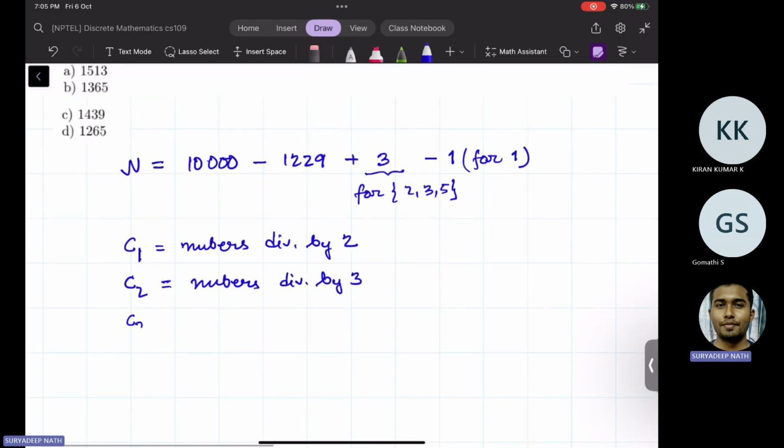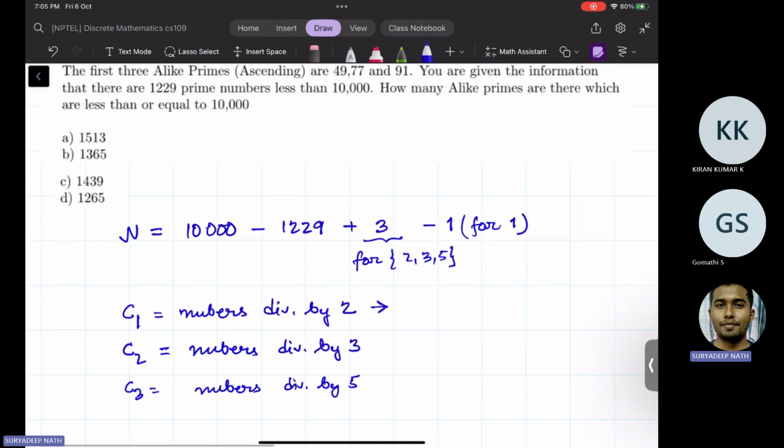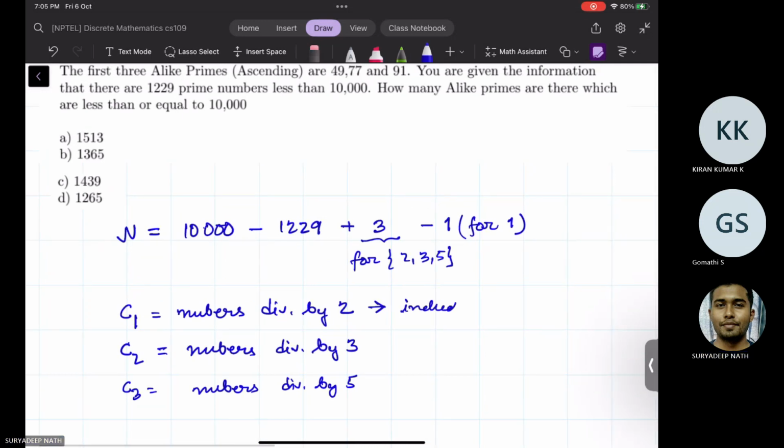And C3 is numbers divisible by 5. So set C1 includes 2, set C2 includes 3, and set C3 includes 5.